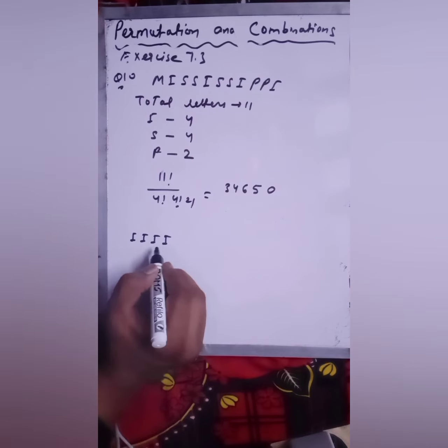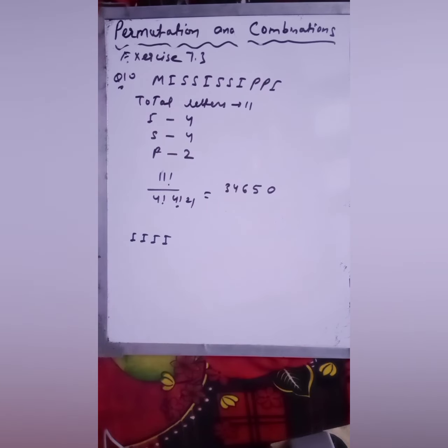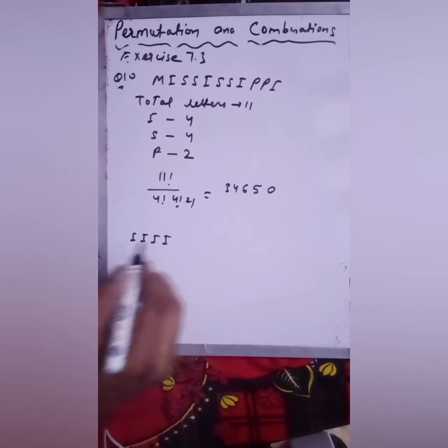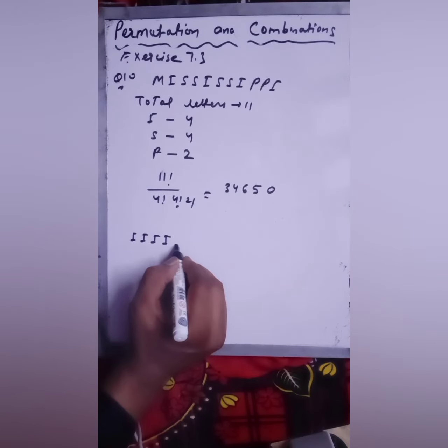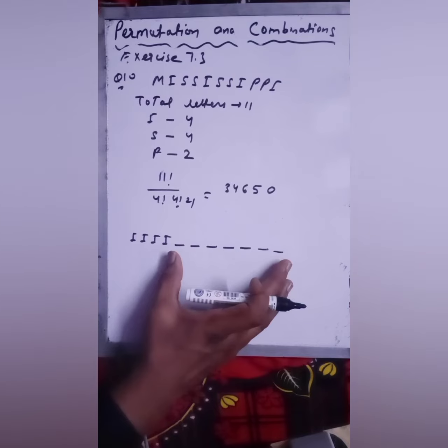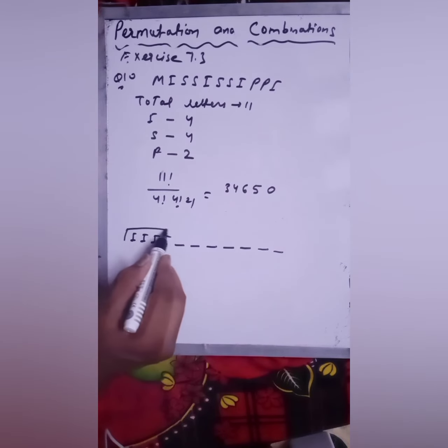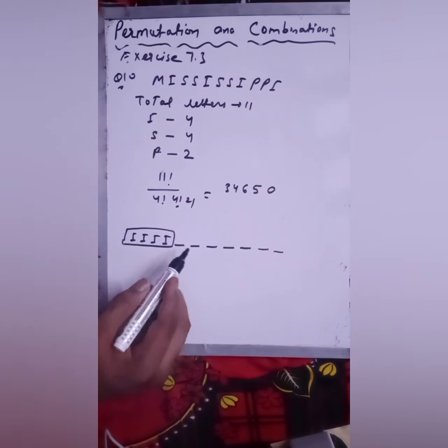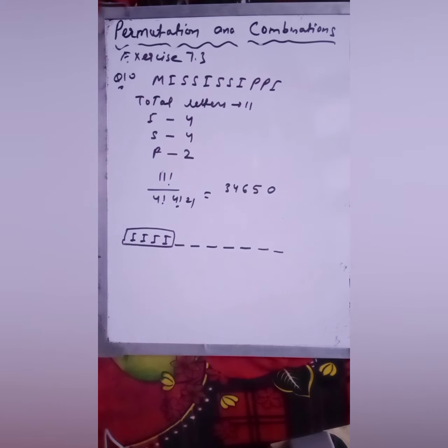Okay, so all I's are coming together, so there are 4 I's. So the rest of the 7 places you have to fill. So we're considering this as 1. So you have a total of 8 choices in this.